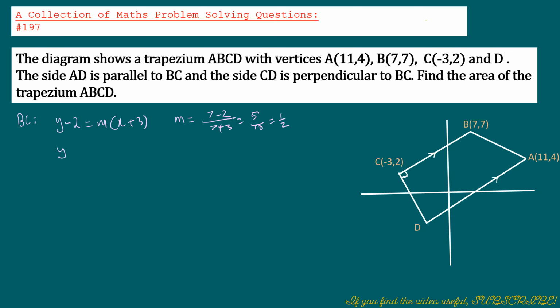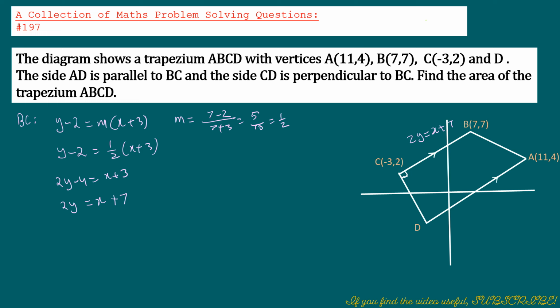So y minus 2 equals half times x plus 3, or multiplying all by 2, 2y minus 4 equals x plus 3, or 2y equals x plus 7. So we have this as the equation of the line BC.